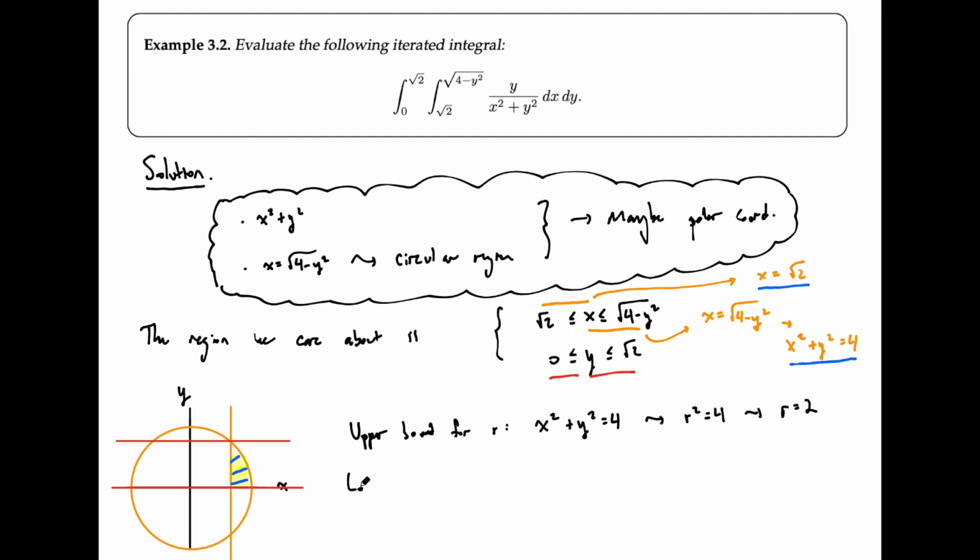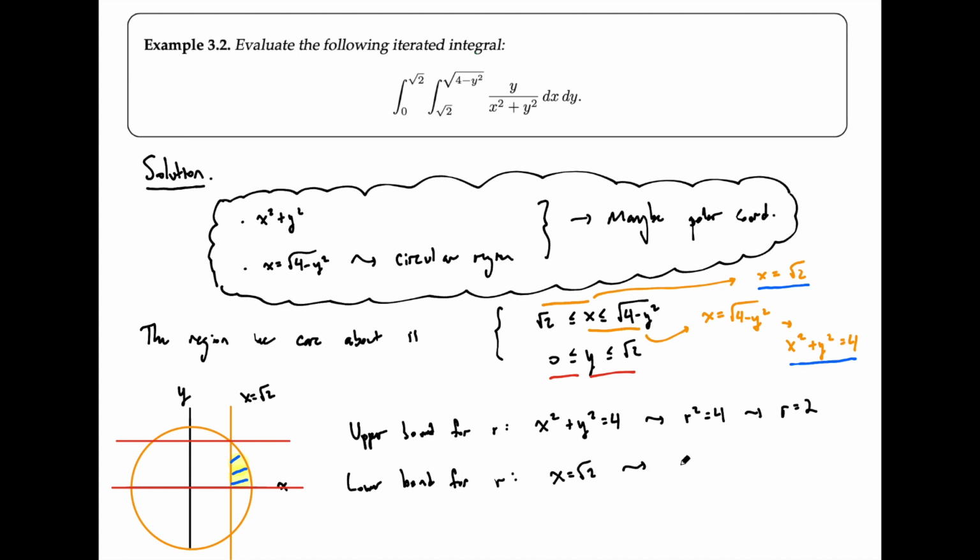What about the lower bound? Well, what equation determines the lower bound for each of these rays? It's this vertical orange line here, right? That was the line x equals root 2. This is what's going to tell me the lower bound for r algebraically. Take x equals square root of 2, convert it into polar coordinates.